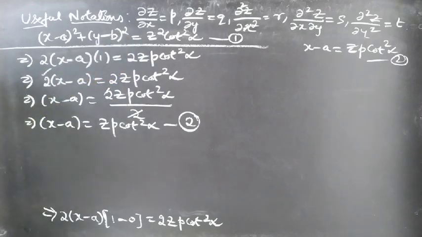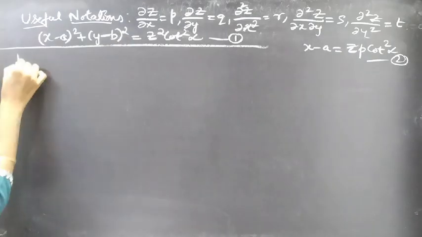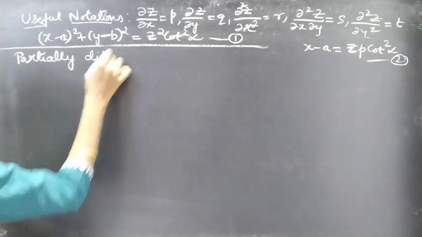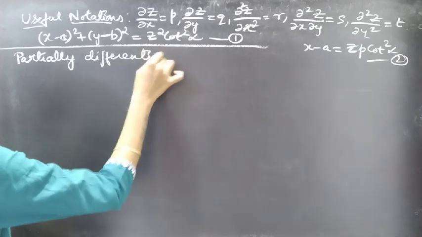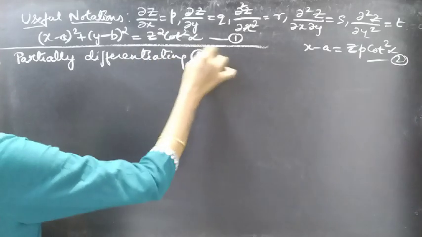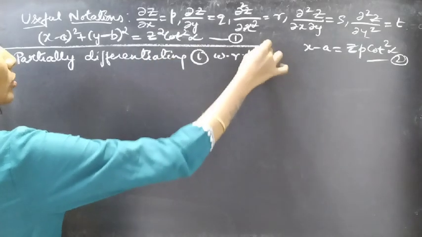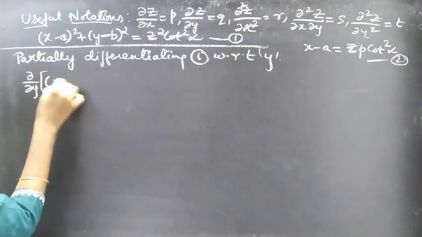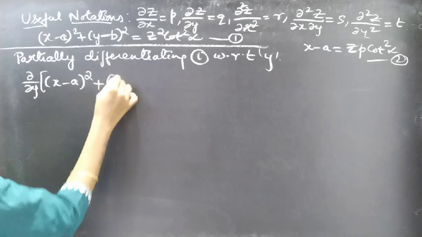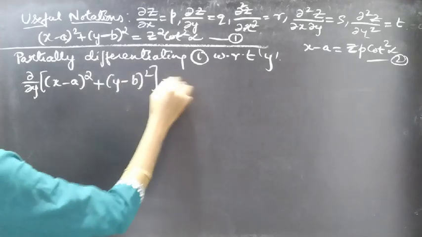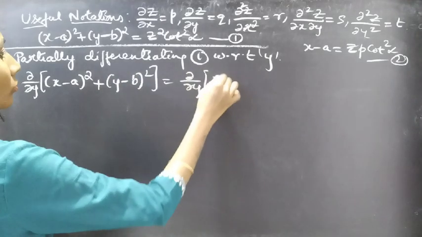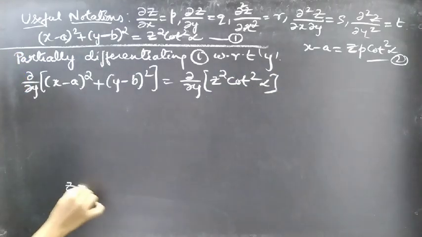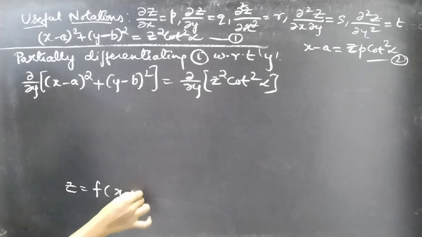So let's see that. Partially differentiating 1 with respect to y. See here, z is a function of x and y.